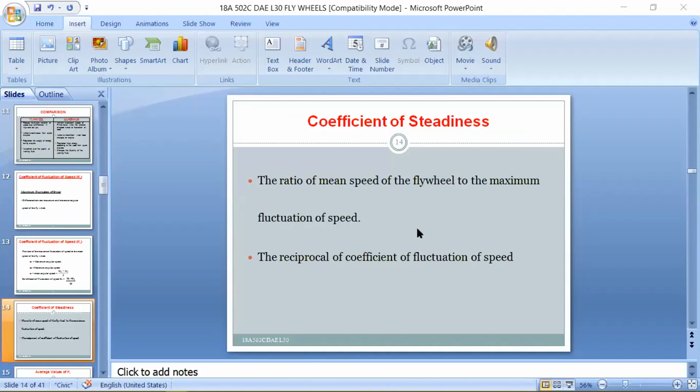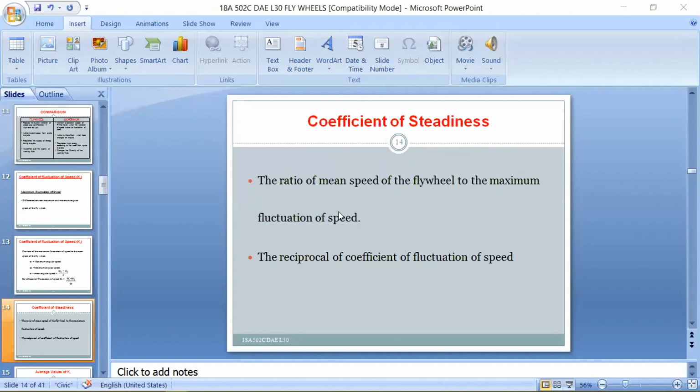So next is the coefficient of steadiness. It is the ratio of the mean angular speed of the flywheel to the maximum fluctuation of speed.